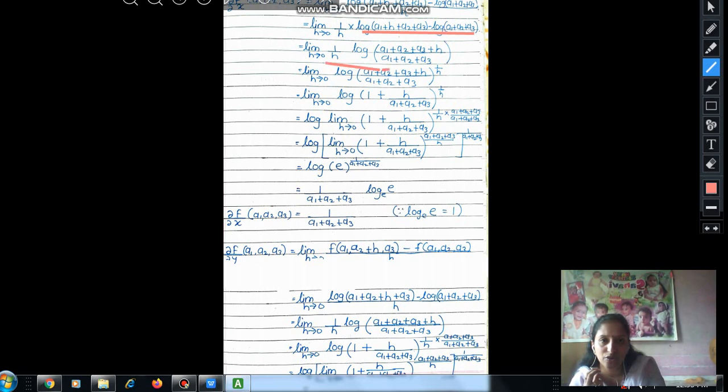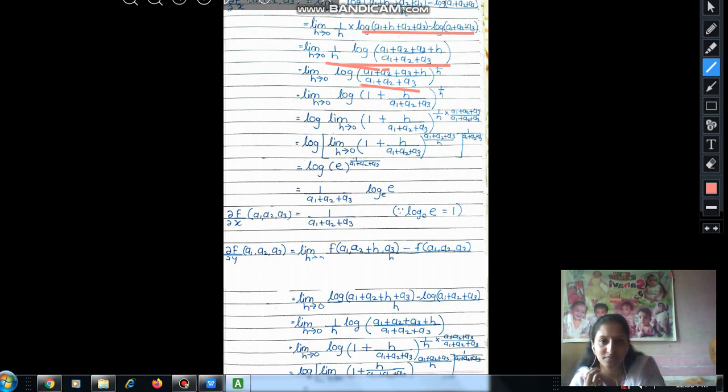So again use the rules of logarithm. This 1 upon h will be the power of the function, that is log of ((a1 plus a2 plus a3 plus h) upon this term) raised to 1 upon h. Now separating the denominator, here (a1 plus a2 plus a3) upon (a1 plus a2 plus a3) becomes 1 plus h upon that term, raised to 1 by h.